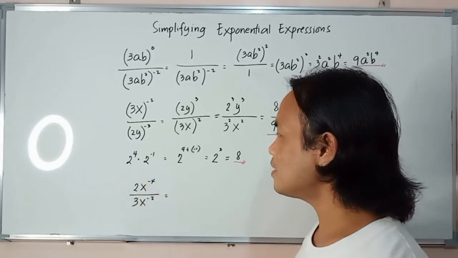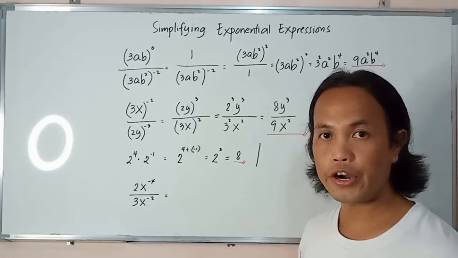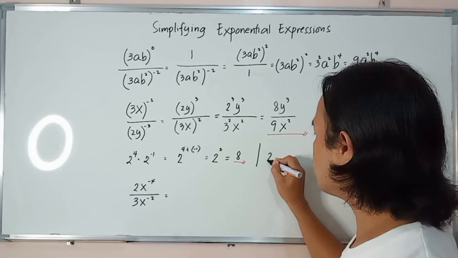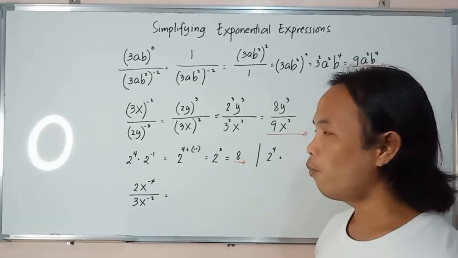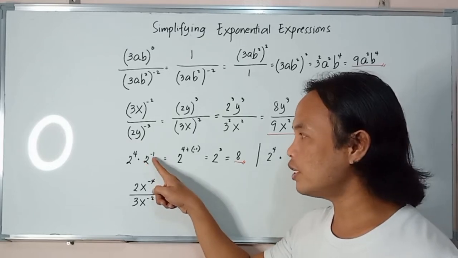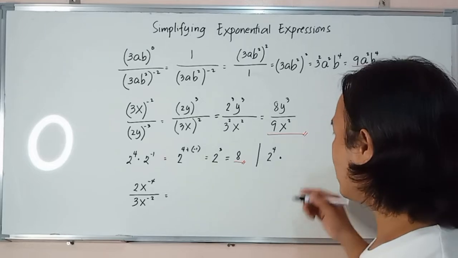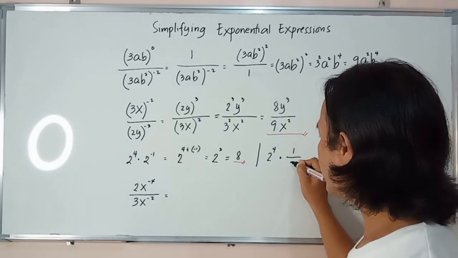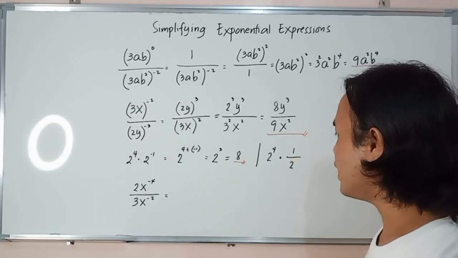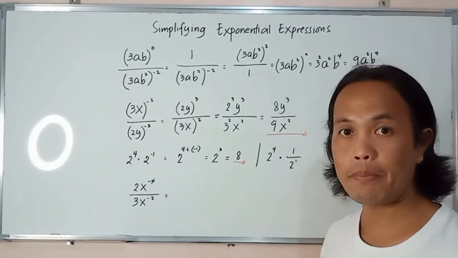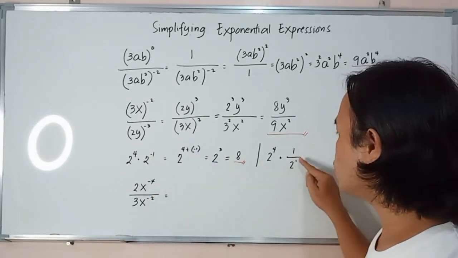Or we have another process, as I've said earlier, we can apply the law on negative power. So we have 2 raised to 4, then times, we get the reciprocal of 2 raised to negative 1. So that will become 1 over 2, because 2 now here has an exponent 1, which is now positive. So 2 raised to negative 1 is just equal to 1/2.